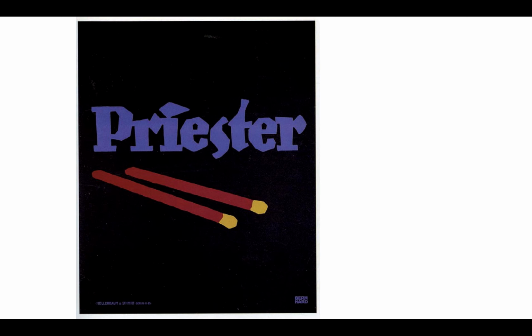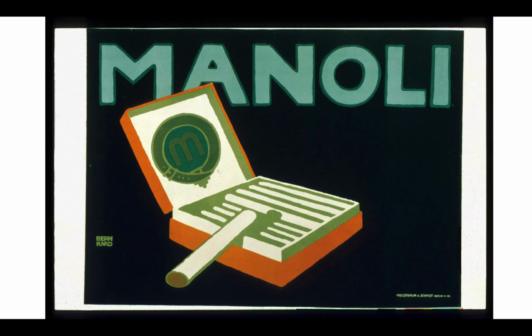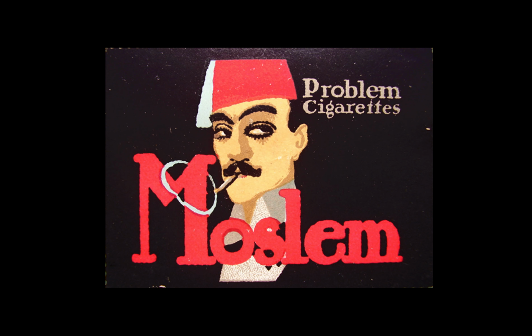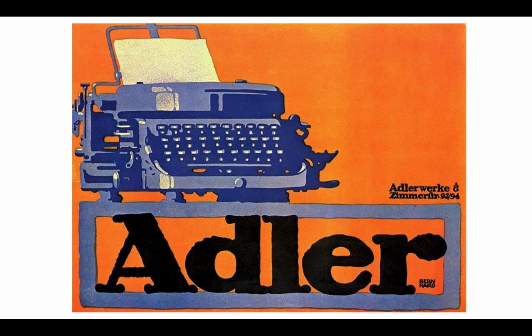Kind of simple, sending that message of what it is. Simple background, object or product, and text, the company name. You could do something like this for your project where you might add more to it, of course, but you could keep it that simple if you really wanted to.